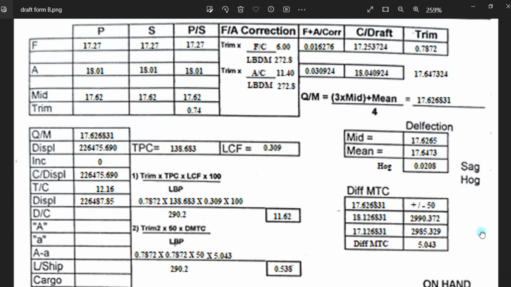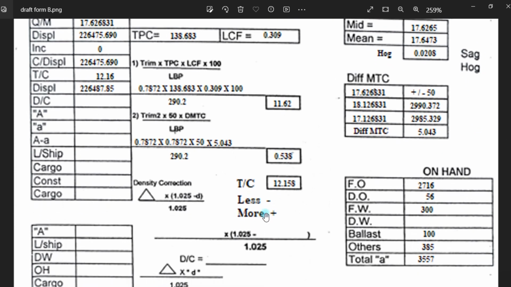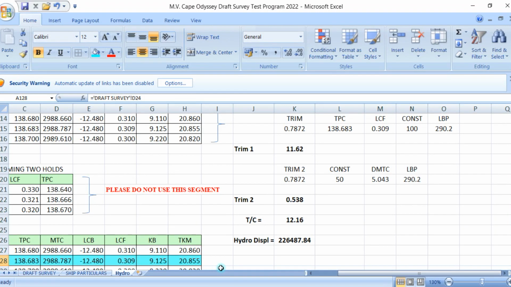Okay, 0.538. You add these two, 1 and 2, the result will be 12.153, and you add 11.62 and 0.538.